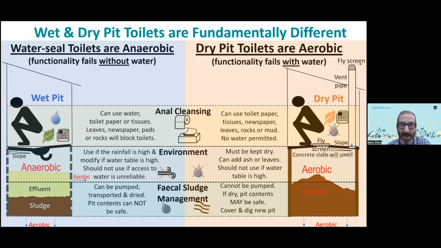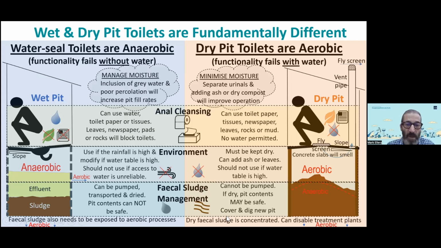You can't pump out a solid, but if they're dry, they can be dug out and can be turned into the soil. And so the managing of moisture is the key for water sealed toilets, and minimizing moisture is the key for dry pit toilets.